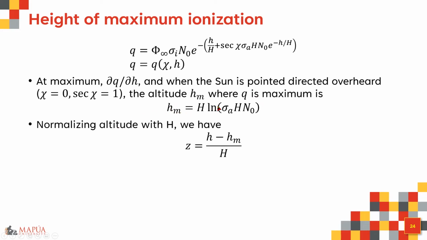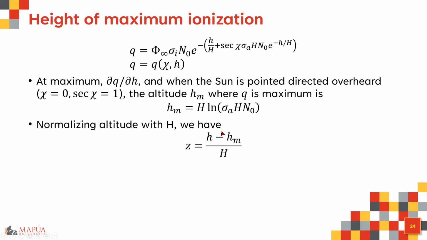Normalizing this height with the scale height, we get this. So z0 is the height where you can find the maximum. This will make more sense if you show it in a graph.